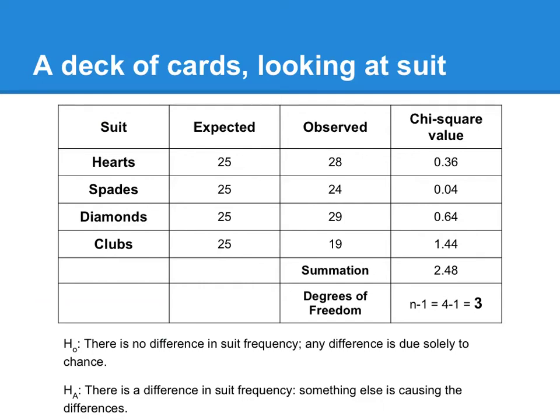Let's imagine that I have a deck of cards. It's a normal deck of cards. It's got 52 cards, no jokers. It has hearts, spades, diamonds, and clubs. All of those cards are in the deck.